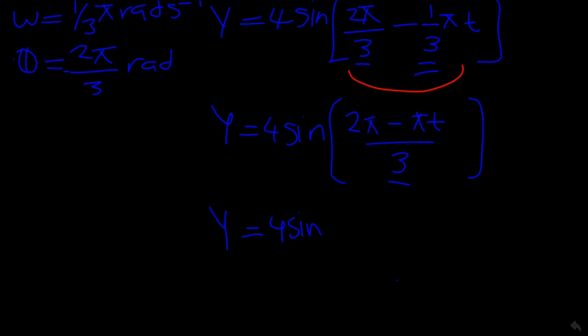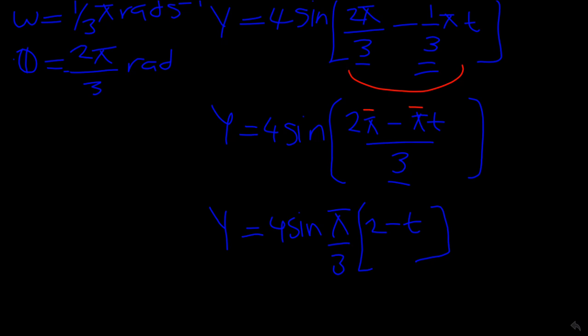What I'm going to do next is bring these pi's out. So 2 minus t will be left inside the bracket. I'll bring the pi out and also the 3. So it becomes pi over 3 in bracket 2 minus t, and this will be your final answer.